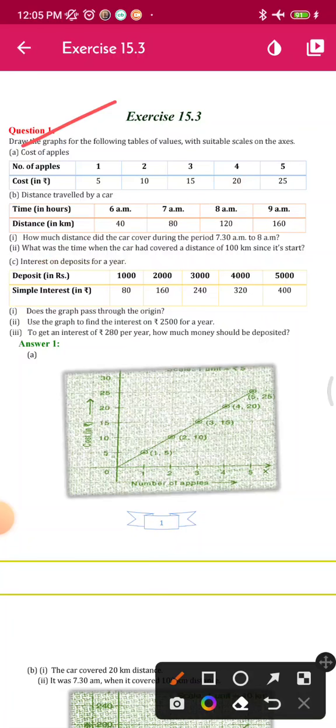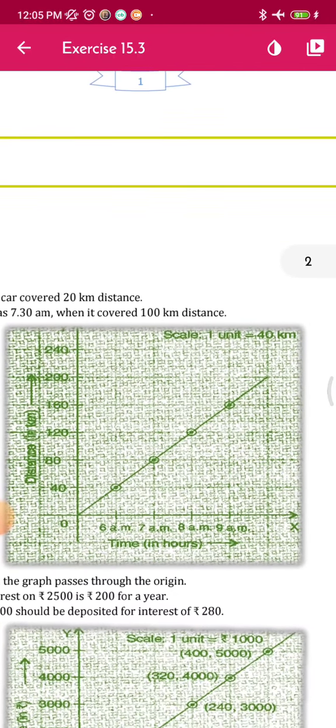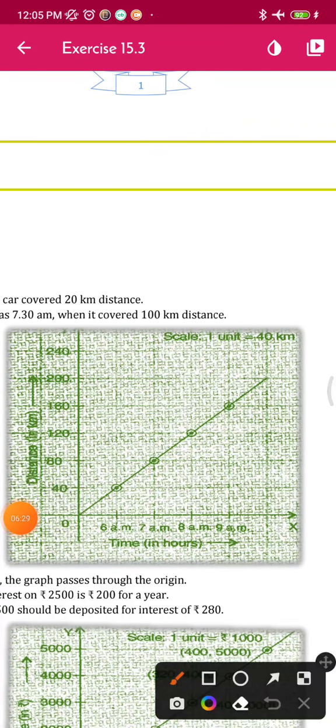So here in the graph we can see a distance-time graph is given here. So one side is distance in kilometers and one side is time in hours. Okay, so distance and time is given here. So distance is 0 to 40, 40 to 80, 80 to 120, 120 to 160, 160 to 200, 200 to 240 is written here.